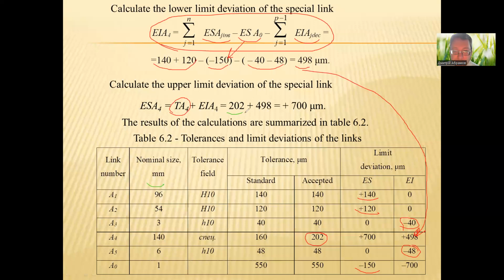So 202 plus lower limit deviation of special link 498, and what we will have is plus 700 micrometers. It's upper limit deviation of special link, plus 700 micrometers. So we know all parameters of our links from the dimension chain.